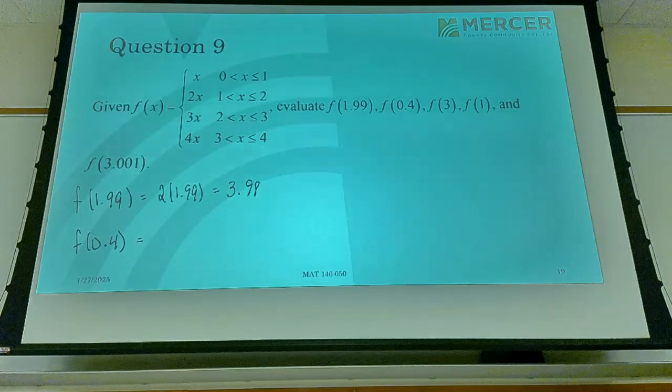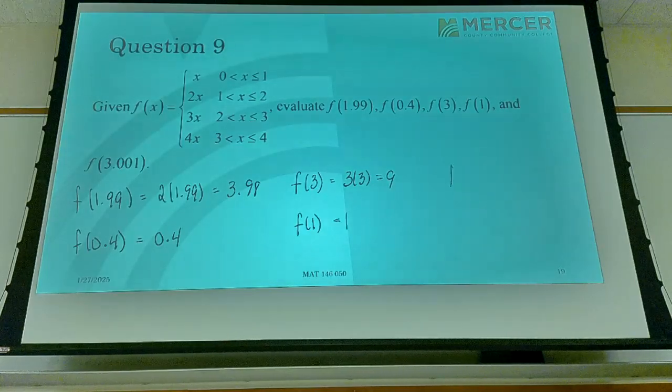The first one. F of 3. This is the fourth one. Third one. Yeah, 3 times 3, 9. F of 1. First one.